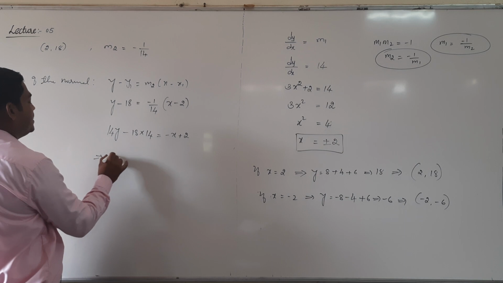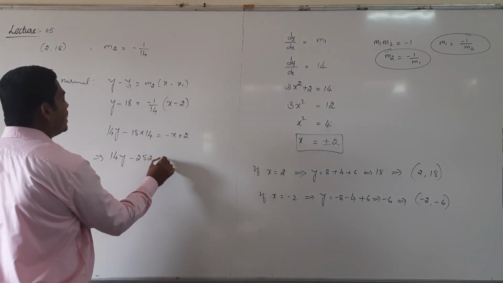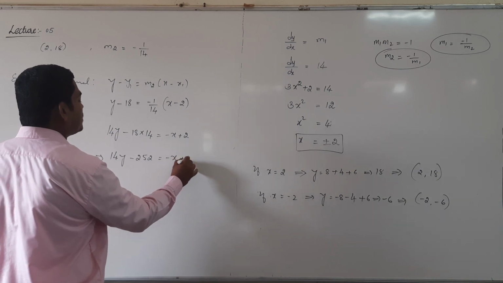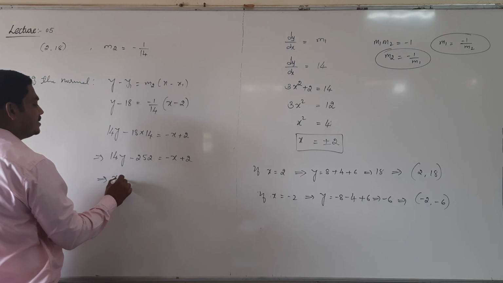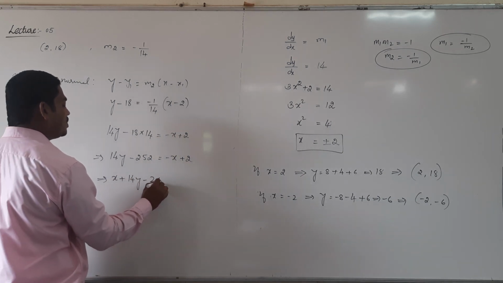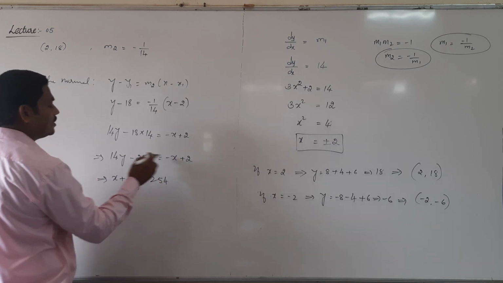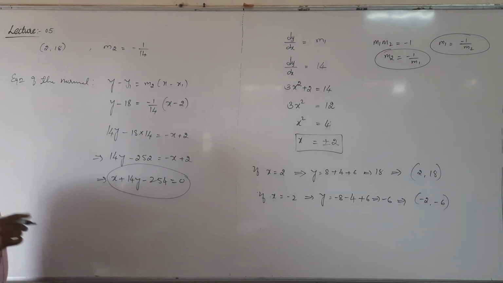After simplification, 14y minus 252 is equal to minus x plus 2. Now take it into the left side. Then x plus 14y minus 254 is equal to 0. It is one of the equations of the normal line.